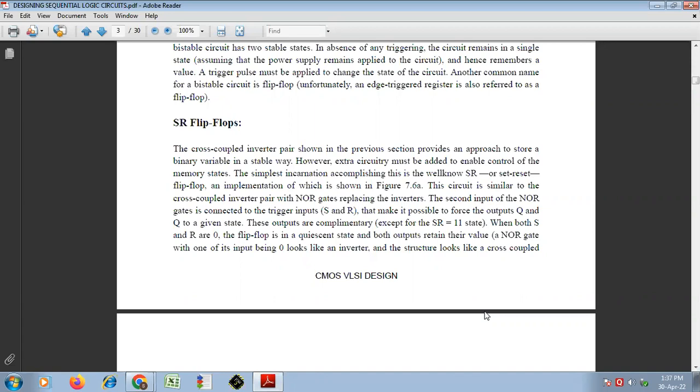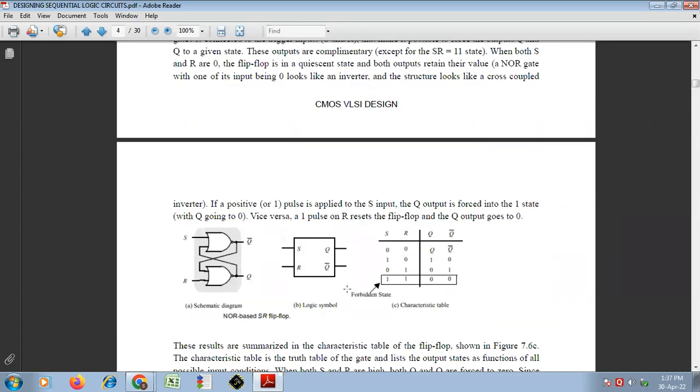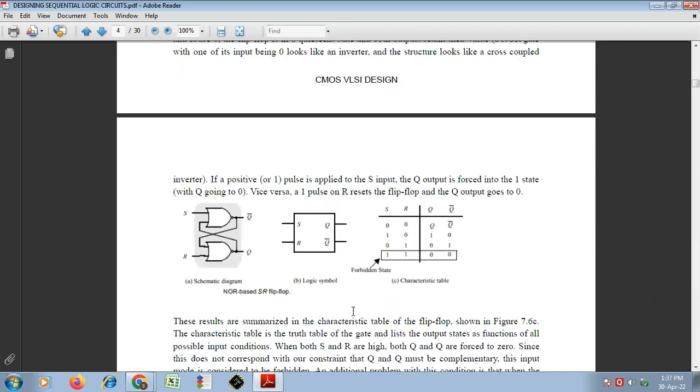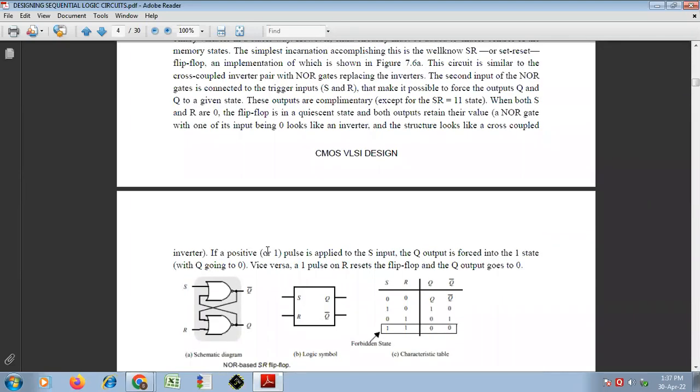Now this circuit which we are showing here is very similar to the SR flip-flop, a NOR-based SR flip-flop. These are the two NOR gates we have used. So this is the cross-coupled inverter pair with NOR gates replacing the inverters.